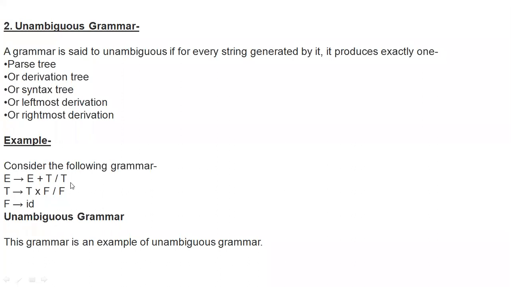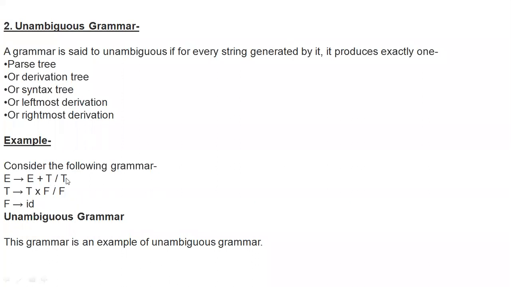Right. And the next rule is T tends to T star T, and again that rule consists of the ambiguity. So we place F, that means T tends to F. For making you to understand, for making you to remember: in the place of the old variable, we are using a new variable.